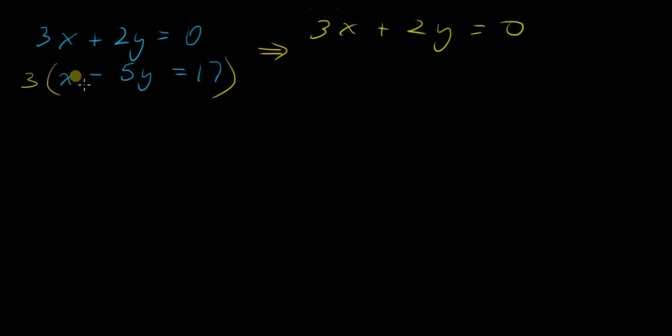But this one I'm going to multiply every term by 3. So 3 times x, 3 times, so this would be a positive times a negative, 3 times 5 times y, and then 3 times 17 would be 51.